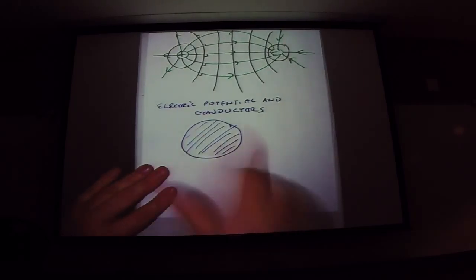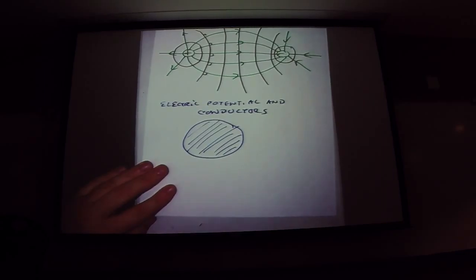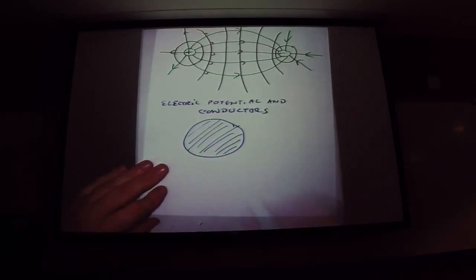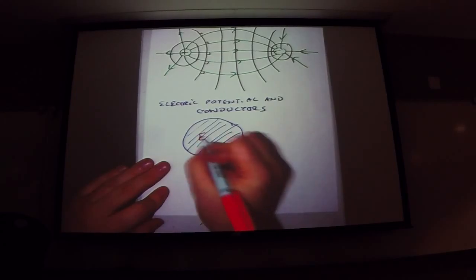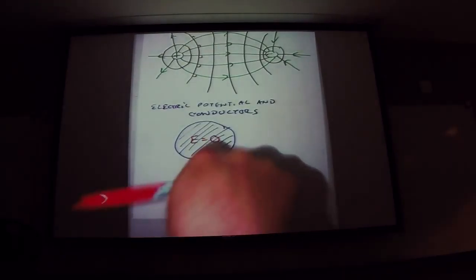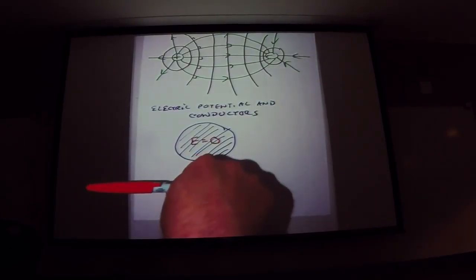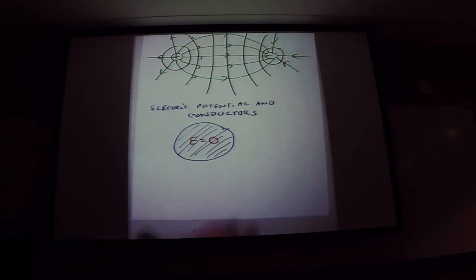This entire conductor is an equal potential surface, because inside of the conductor, after all the transients die out, E is equal to 0. Because if I try to put an electric field inside of a conductor, those charges can move. Those charges are going to move until the electric field is 0.